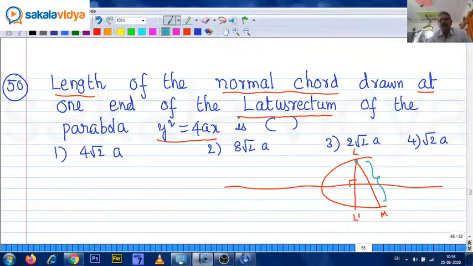If you know the equation of LM, that is y equals mx plus c, we have the formula for the length of the chord intercepted by y equals mx plus c on the parabola. So the plan is, we need to find the equation of the normal chord at L. For that we need to write the coordinates of L, then the equation of the normal chord. After that, we apply the length of the chord shortcut.